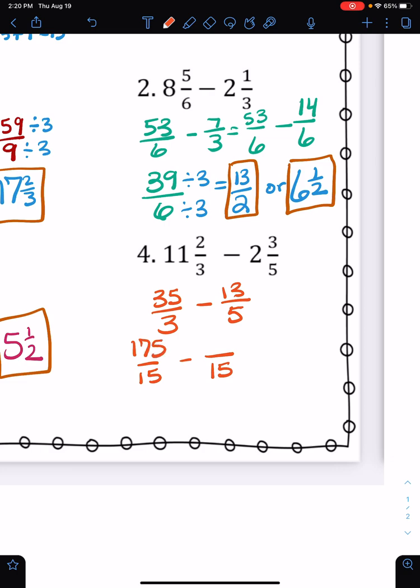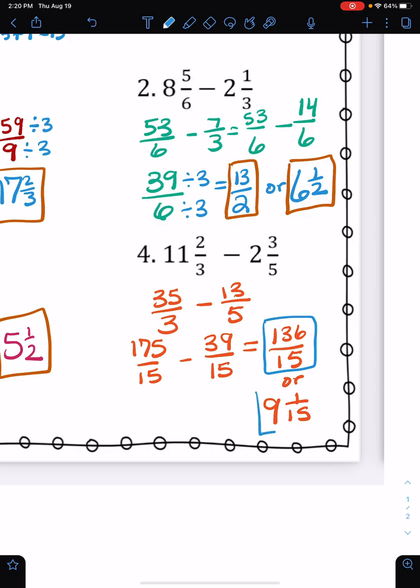And then I need to multiply 13 by 3, and I get 39. When I subtract 175 and 39, I get 136 over 15. I don't think I can simplify that anymore, so that's a good answer, or I could change that to 9 and 1/15. Either one of those answers would be counted as correct, either the improper fraction or the mixed number.